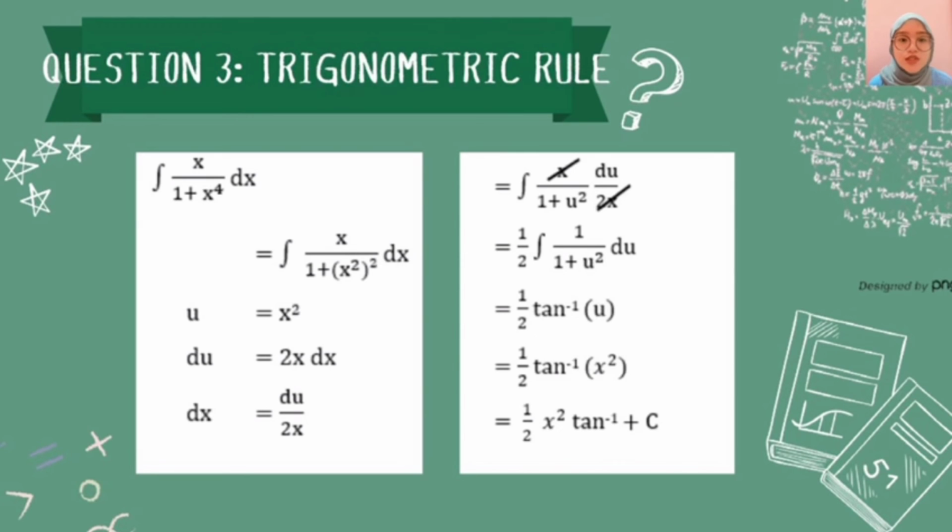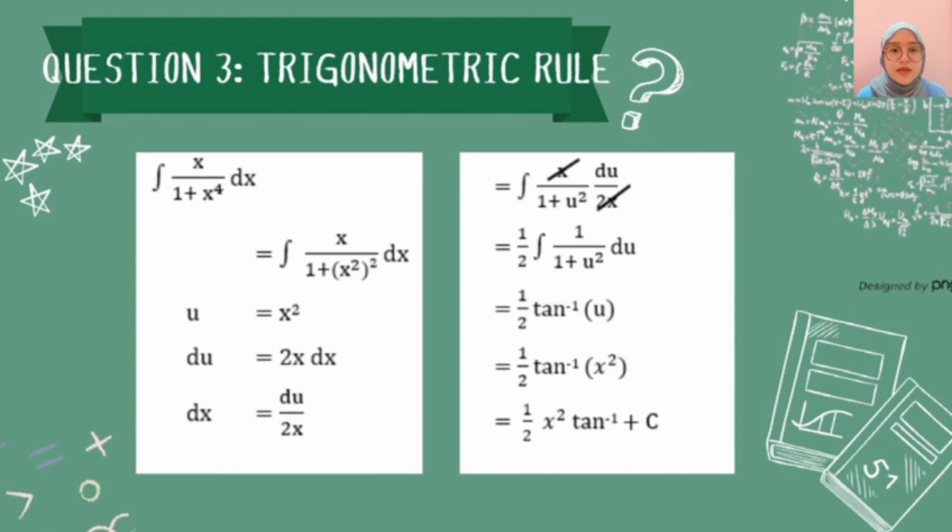To solve this question, we can write integrate of x over 1 plus u squared du over 2x. Then we can eliminate the x value, and the number 2 has to be put on the left hand side, and it will be 1 over 2 integration of 1 over 1 plus u squared.